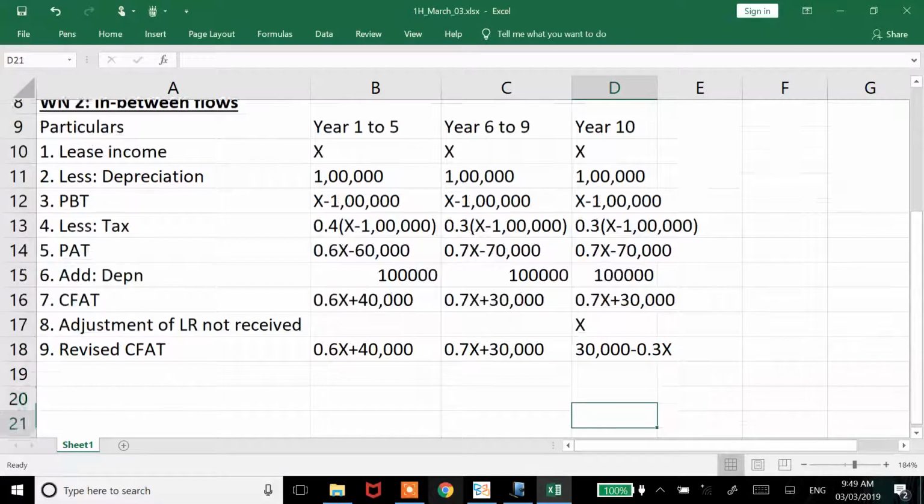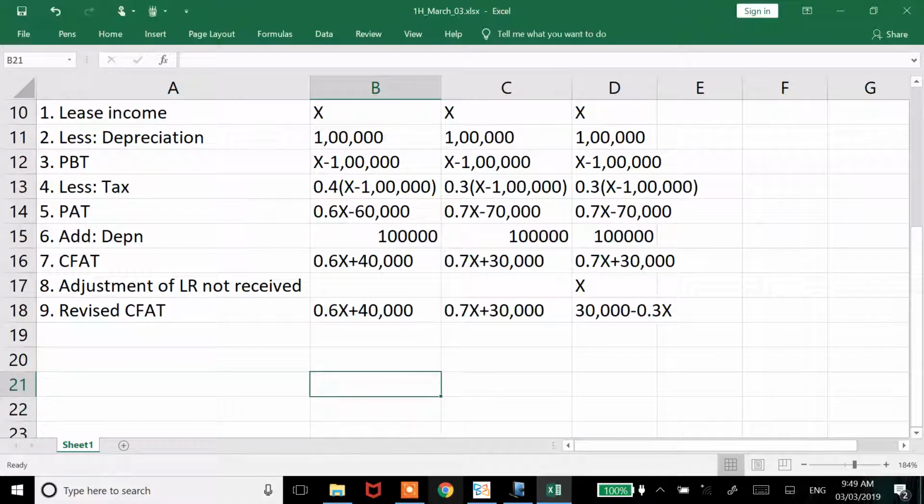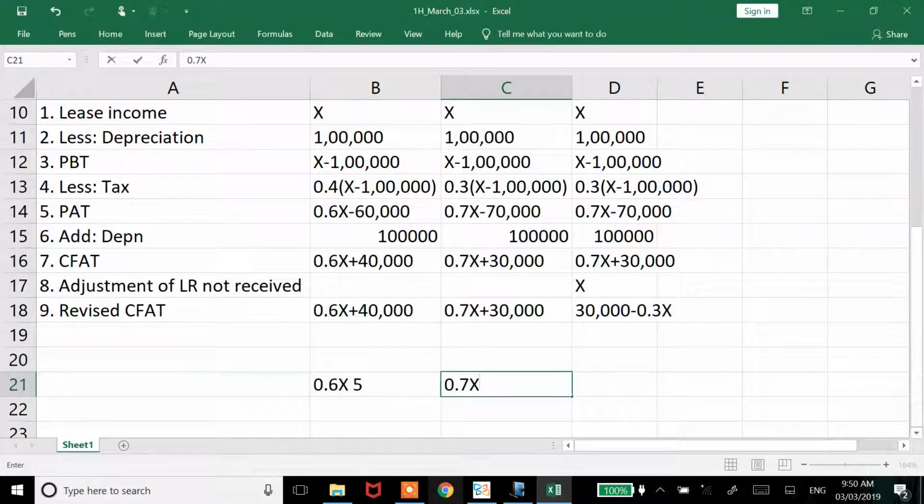So effectively, just to check our answer, listen, 0.6x is what I receive for 5 years, 0.7x I receive for 4 years, and minus 0.3x for 1 year.